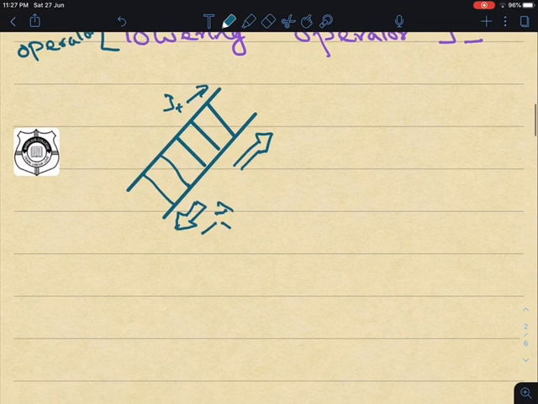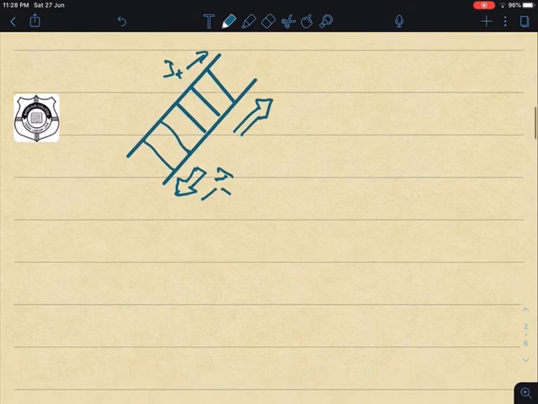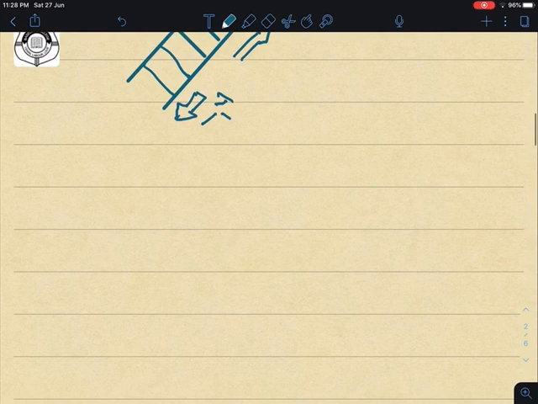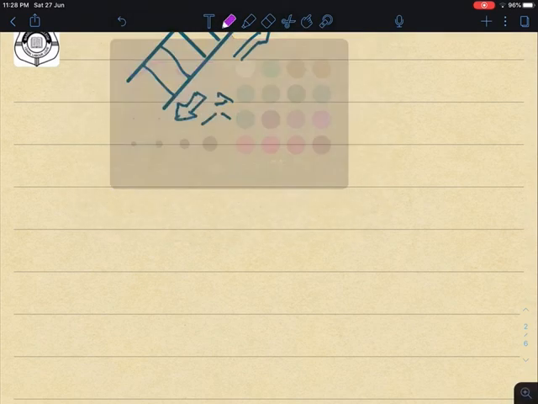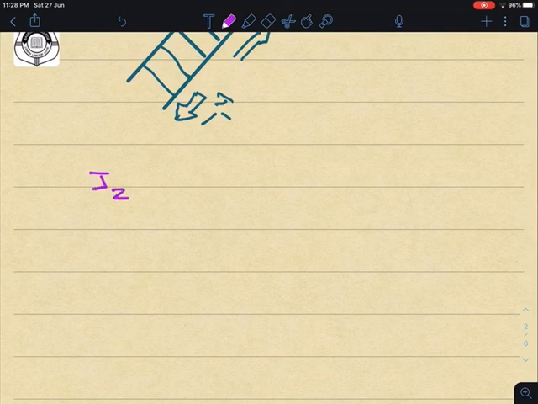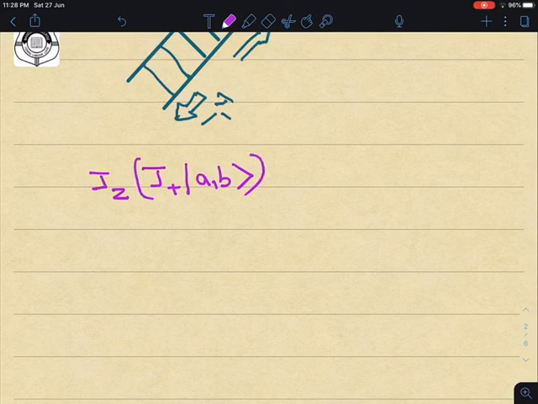Now why is it called so? To get an answer to this, we have to look into how Jz acts on J plus ket ab. So this is what we have to look into. But straight away you cannot tell what J plus ket ab is.